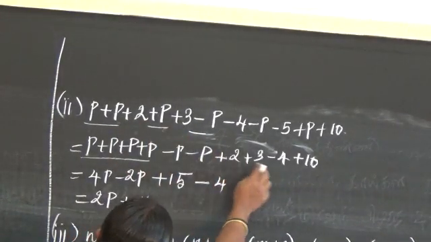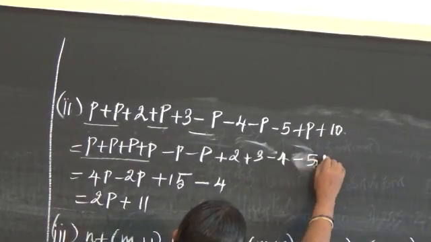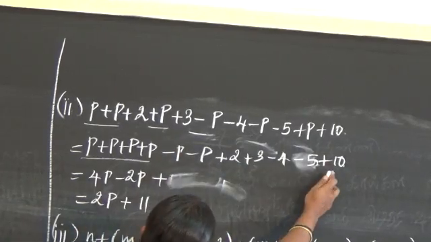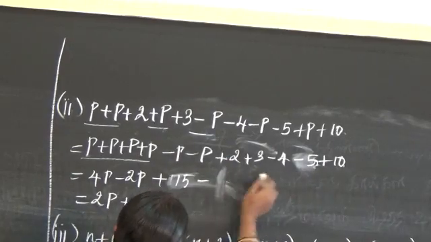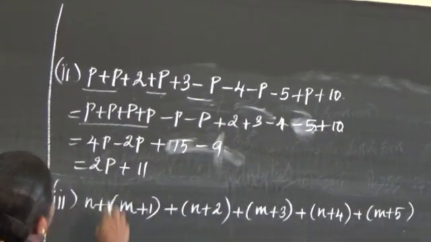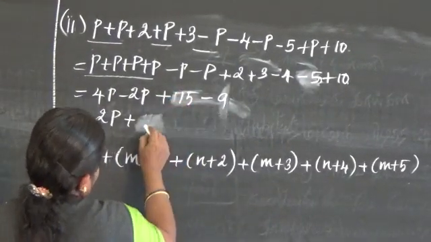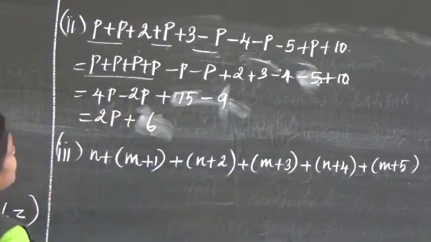I missed here minus 5, so minus 5 plus 10. Now 2 plus 3, 5, plus 10, 15, minus 4 minus 5, minus 9. So 4p minus 2p, 2p, 15 minus 9, 6 is the answer, 2p plus 6.